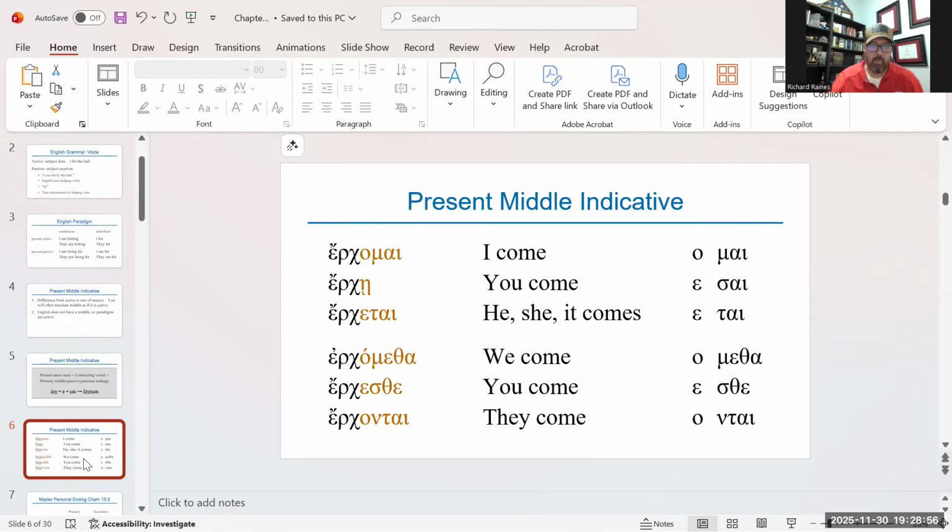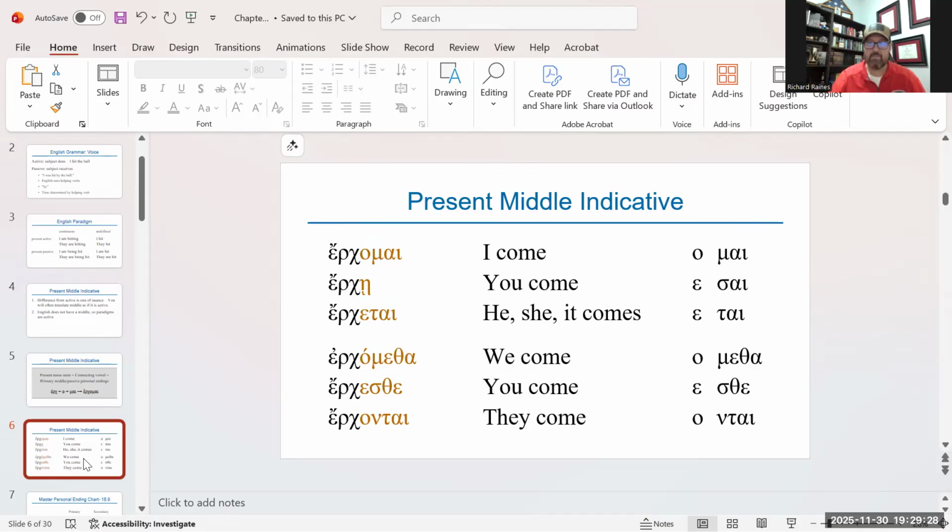So if you see the word erchometha, you're going to say present, middle or passive indicative. You don't have to spell out present, middle indicative or present, passive indicative. I am okay with you just using an acronym. So you could say PM/PI. That's present, middle or passive indicative.